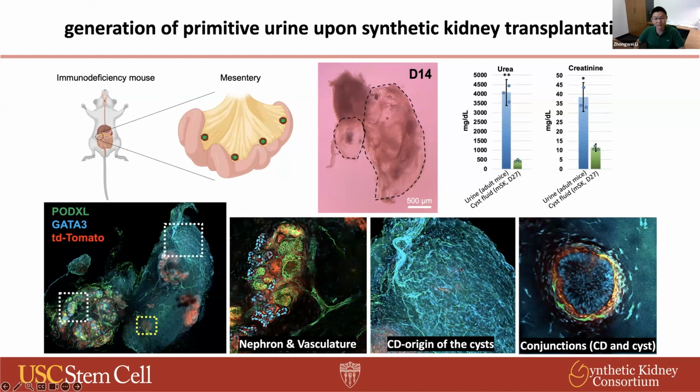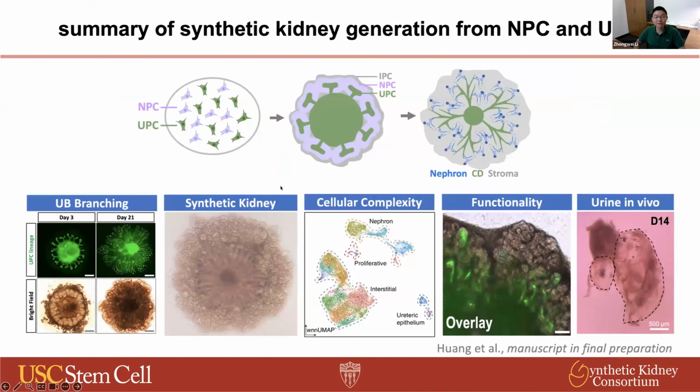And we also found the cyst lining cells are exclusively expressing GATA3, suggesting the collecting duct origin of the cells, indicating the urine produced from the nephron is eventually connected and stored in the collecting ducts, with enlarged collecting ducts showing cyst formation. So this is our summarized model of our synthetic kidney.